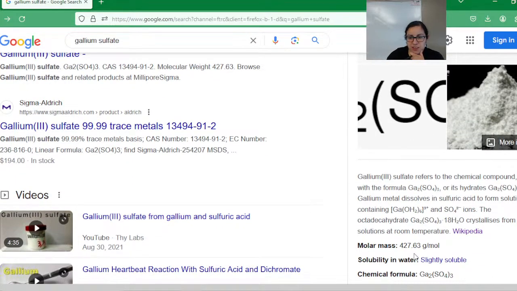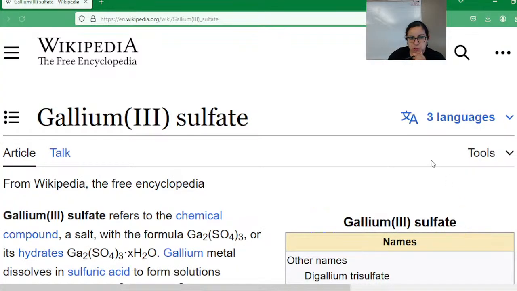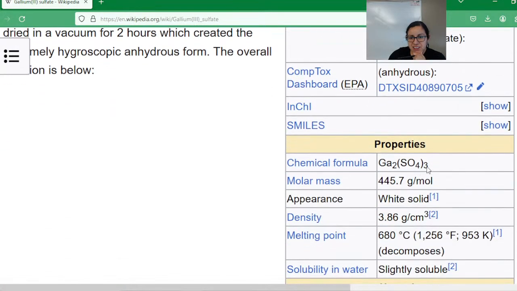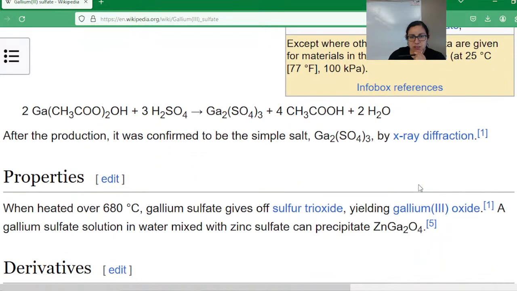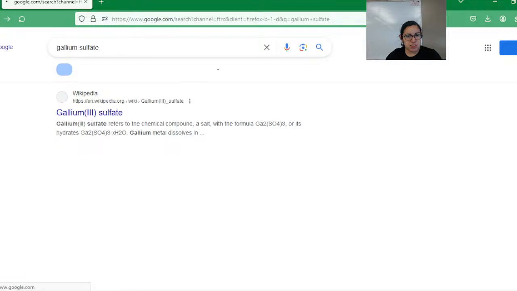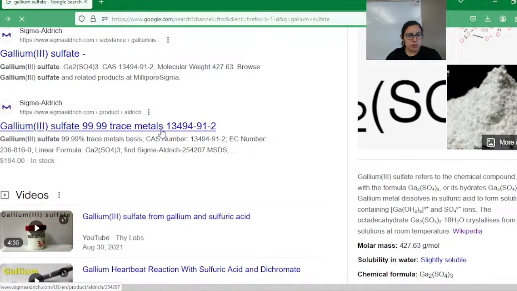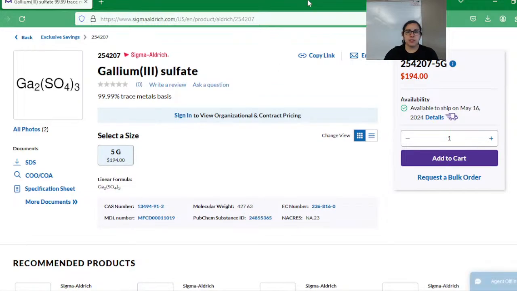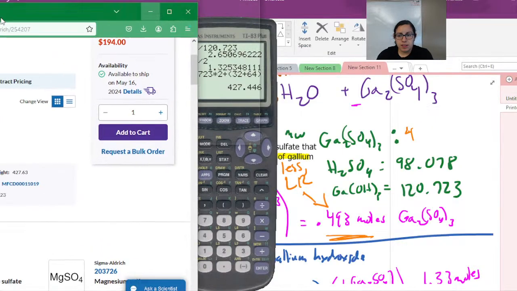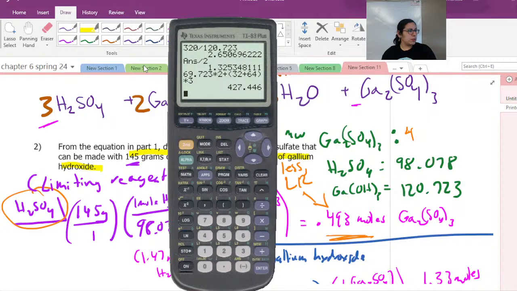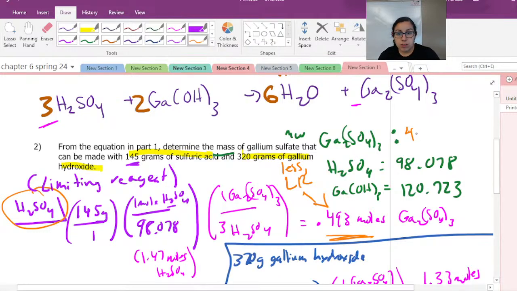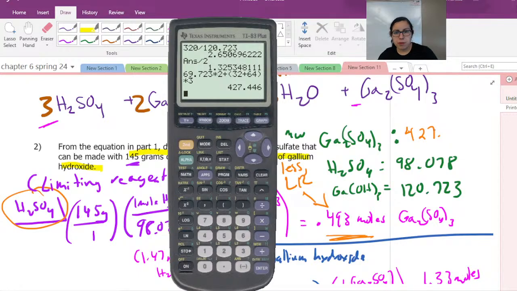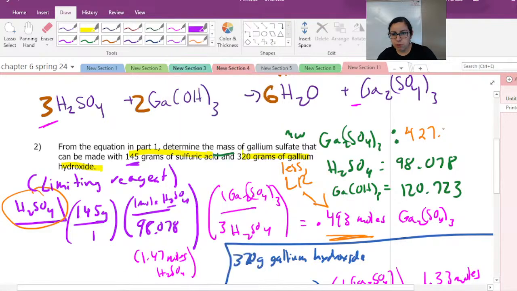It says 427, and then for some reason you click on the page, and it has a completely different mass. That is odd. Usually Wikipedia doesn't steer me wrong. We can also verify Sigma Aldrich, so 427. All right, so I like our 427 number. So 427 point, and they have a different number, but I'll just round, so 0.45 or so.